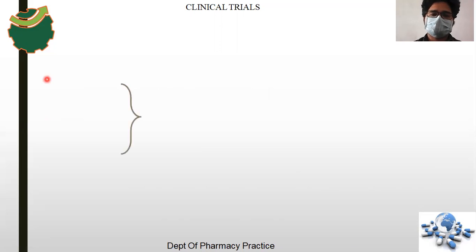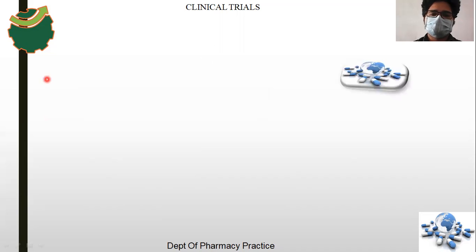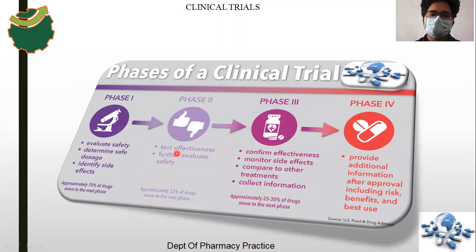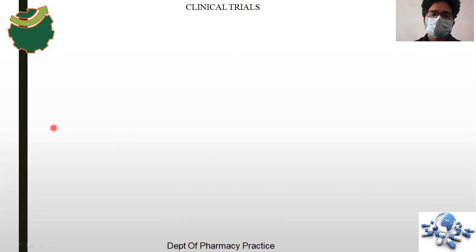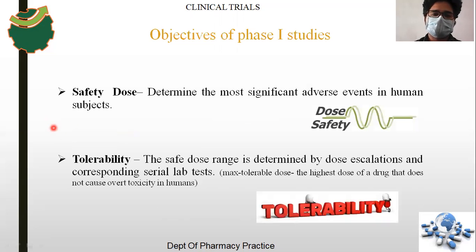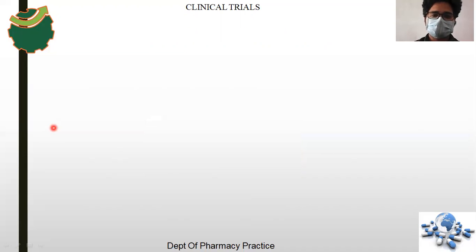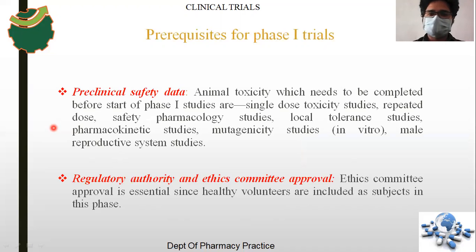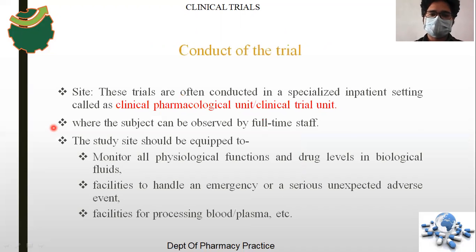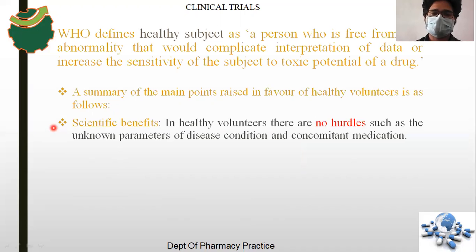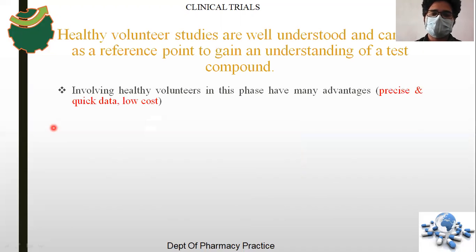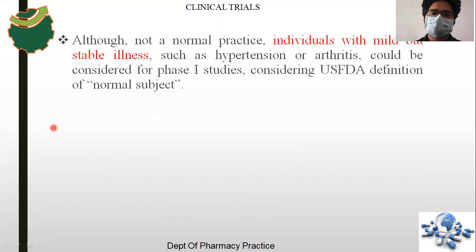And we saw the supports we need, the phases, and abbreviations, and a brief on the 4 phases. Phase 1 we have also completed, with the objectives of safe dose, tolerability, and PK/PD of the drug, right? We saw the prerequisites for the trials, how to conduct them, who the players are, and what a healthy subject is according to WHO, FDA and CDSCO.